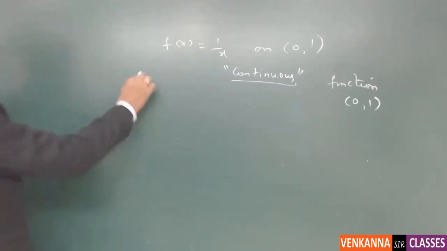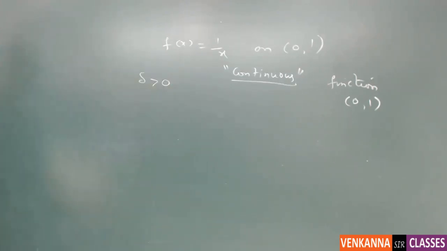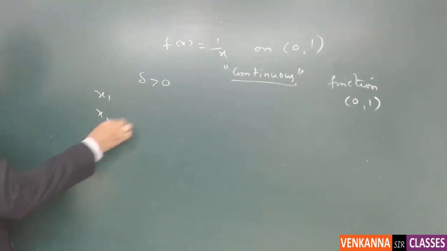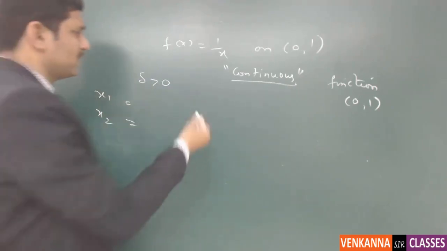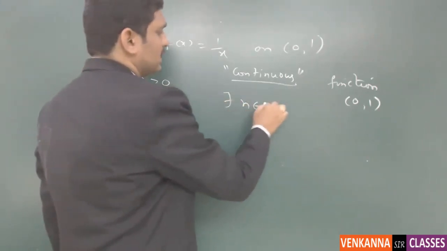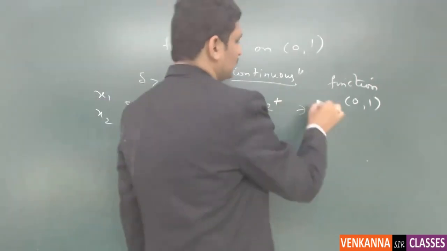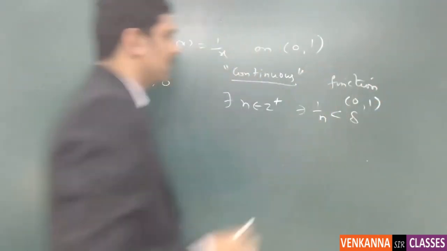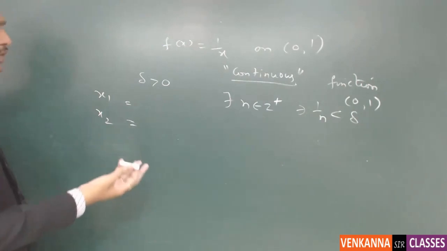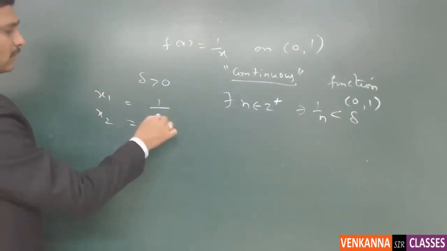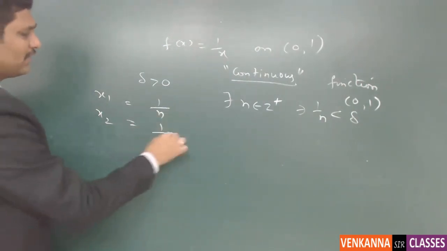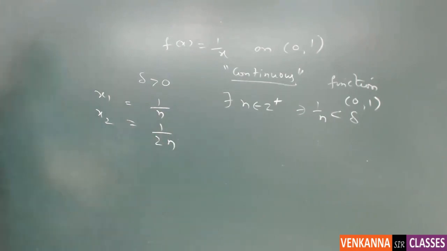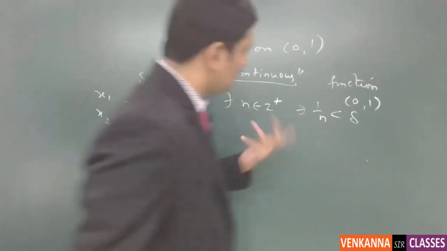If you take a delta value and take 2 points x1 and x2, we can always say that there is some positive integer such that 1 by n is less than delta. You can take one value as 1 by n, another value as 1 by 2n. So 1 by n is less than delta for all n greater than or equal to m.